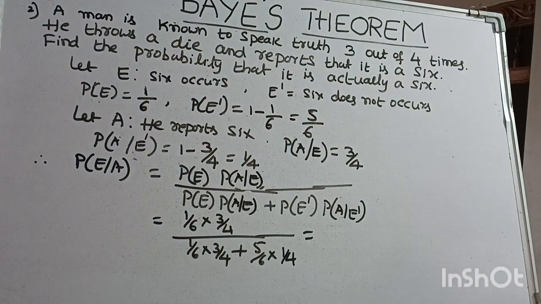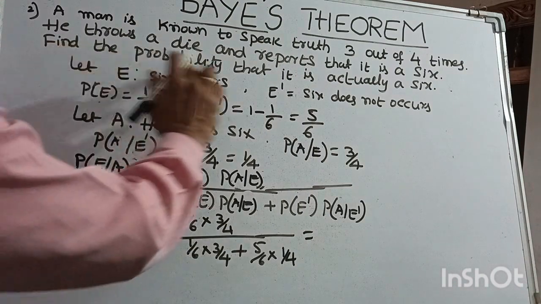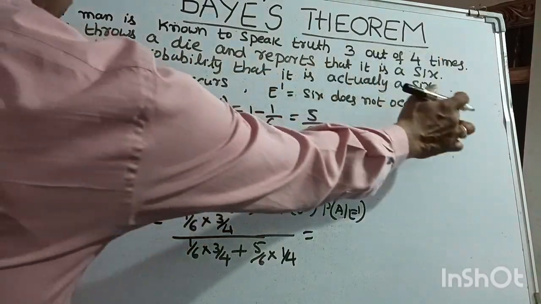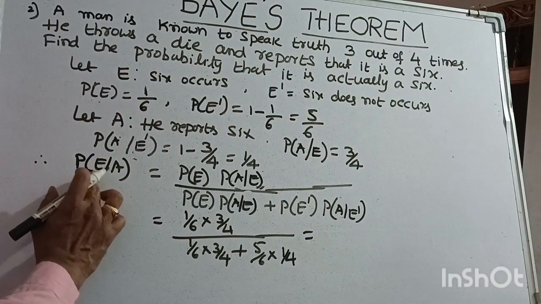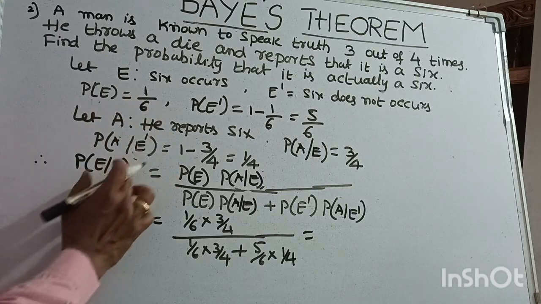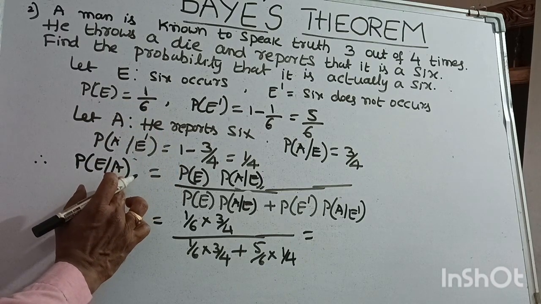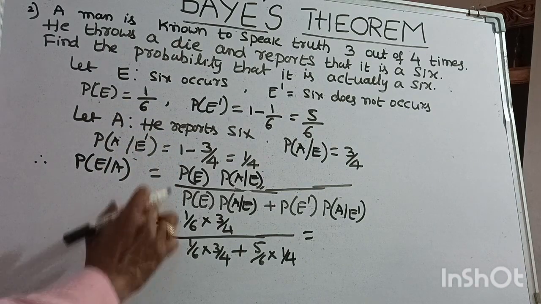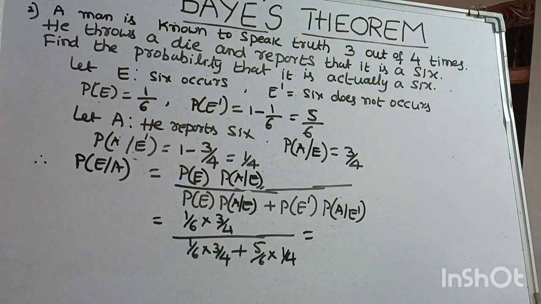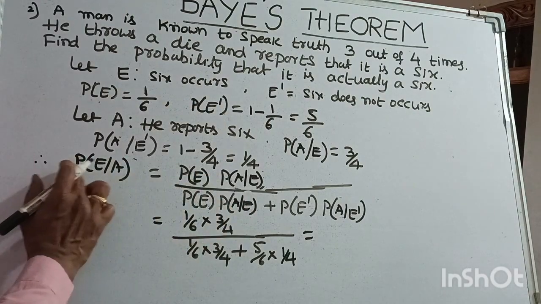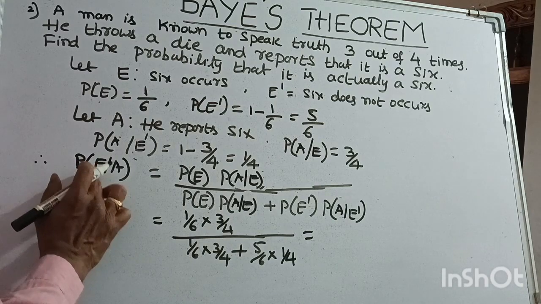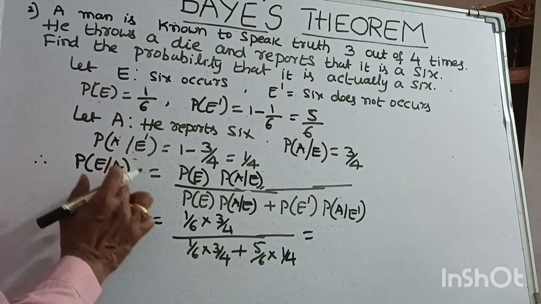Now, what is the required probability to be found? Find the probability that it is actually a 6. So the required probability is the conditional probability that 6 occurs, given that he reports 6. That is to be found. This can be written by Bayes' theorem. This is the probability of E given A has occurred, which is to be found.